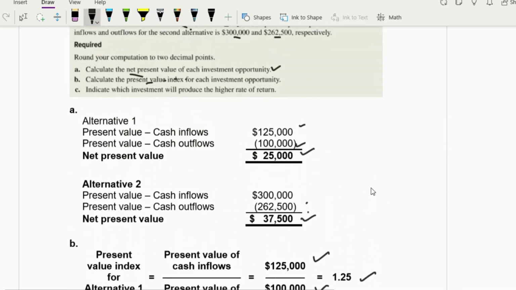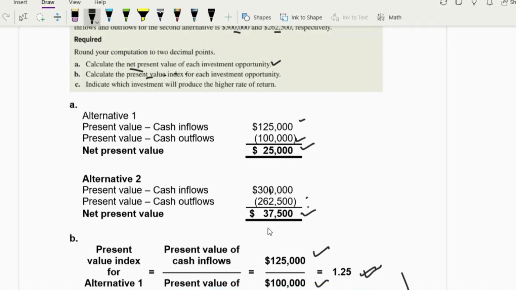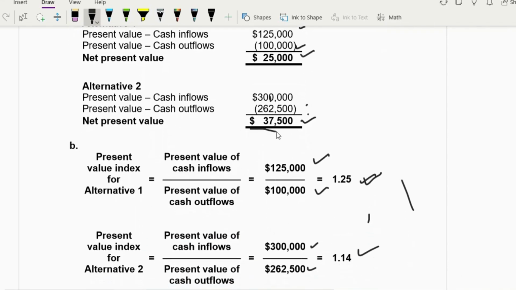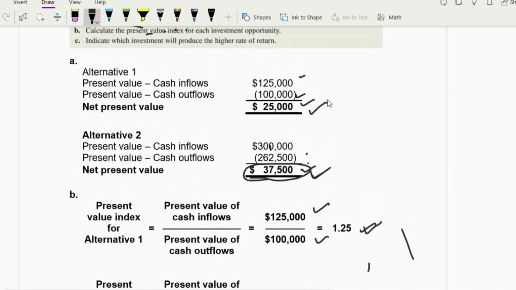Point C says indicate which investment will produce a higher rate of return. So of course the one that gives us more net present value or a higher present value index will give us a higher return. If you see over here, this one is net present value that is giving us 37,500. So this is giving us more net present value as compared to the other alternative.